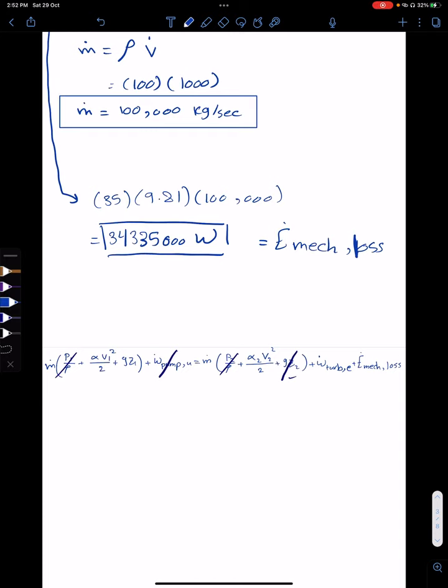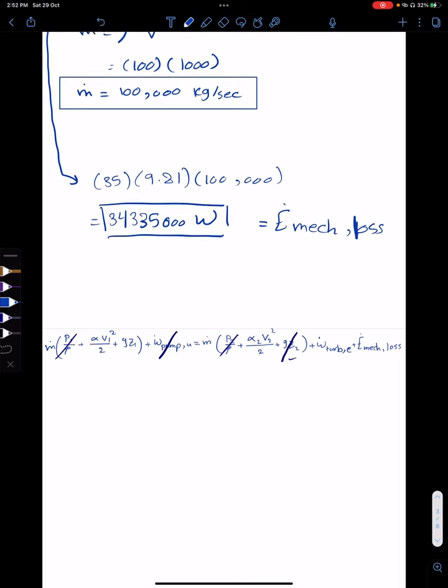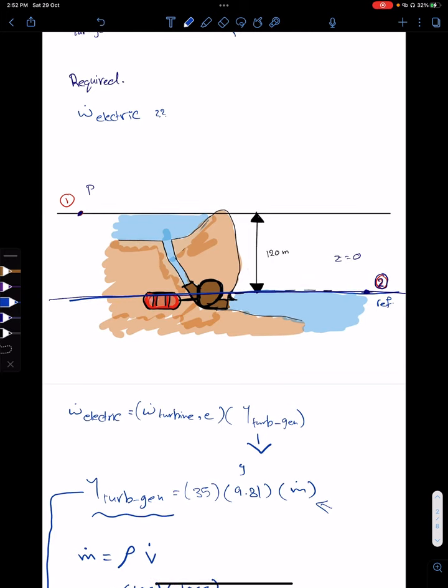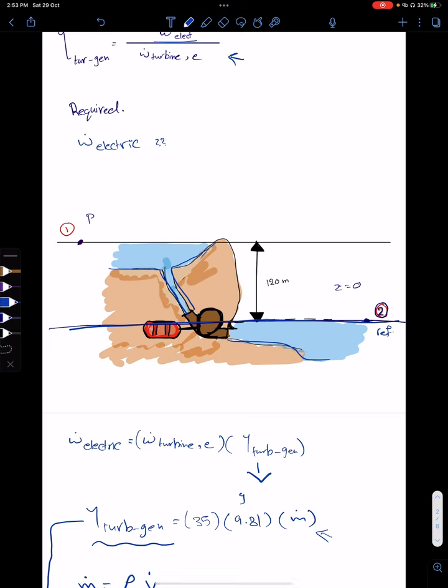Okay, what is left from this formula? Another thing will be cancelled out. When we have this flow, the process of the water flowing through the turbine and then to the sea, that's the sea and that's a small lake.